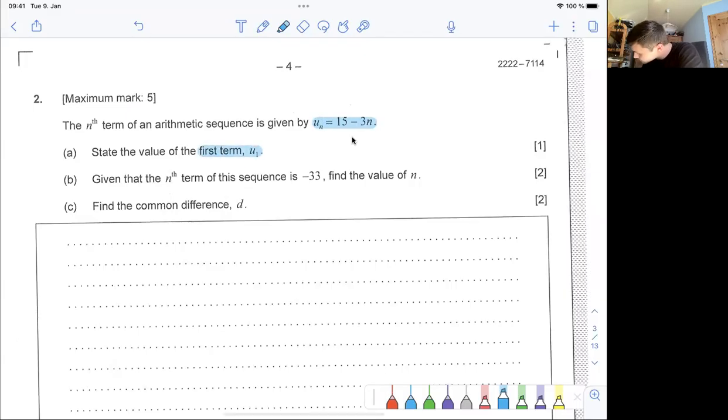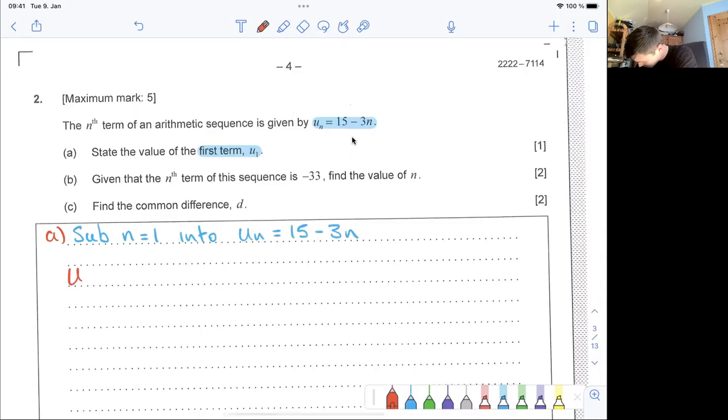So for u1, what we're going to do is substitute in n equals 1 into the equation un is equal to 15 minus 3n.